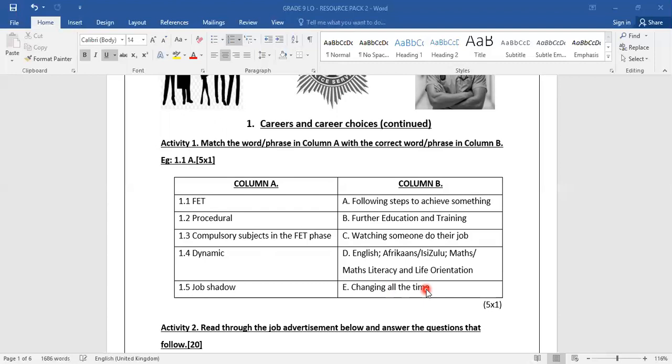For example, the evolution of technology. And 1.5, job shadow, would obviously be C, watching someone do their job.